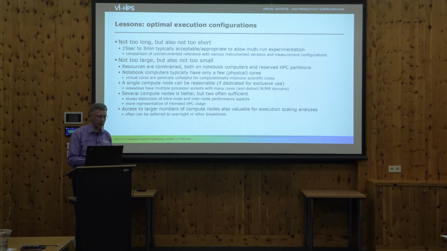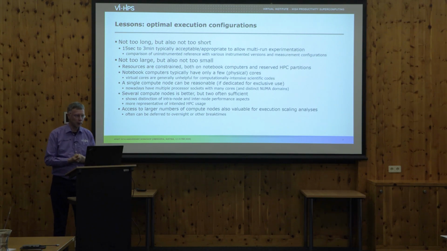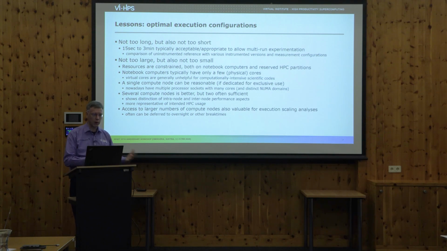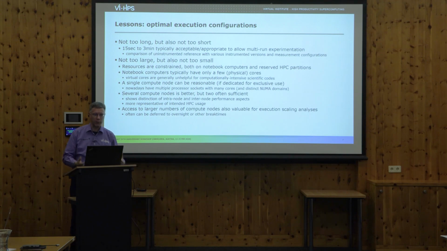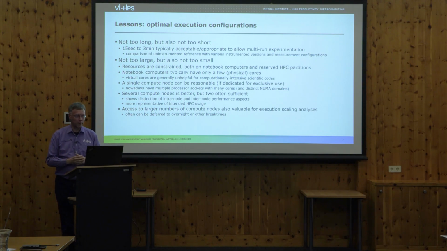Related, of course, is what sort of resources you are using. If you need to run on the entire Blue Gene system, well, that's great if you have it, but most people don't. Likewise, if it just runs with a few processes on a single node, you're not going to learn much about its large-scale performance issues and scalability. So you need something in between, depending on whether you're using a notebook computer for your workshop or an HPC partition of a real large supercomputer.